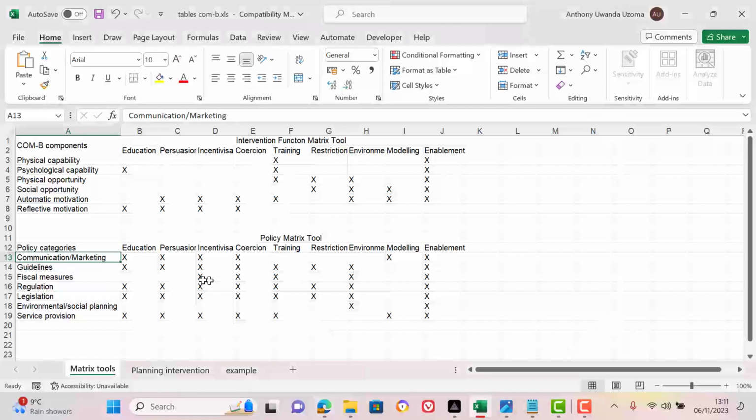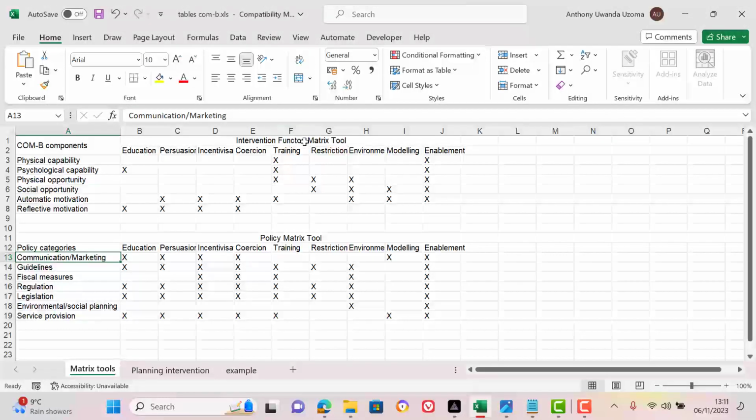And this is the matrix here. You have the intervention function matrix tool, and you have the policy matrix tool. If you identify the problems, you map them to the COM-B components. Let's say the problem you identified was that psychological capability is a challenge for pregnant mothers attending antenatal clinic.